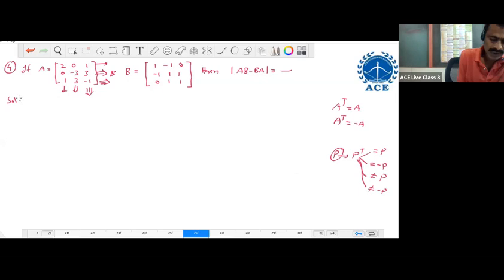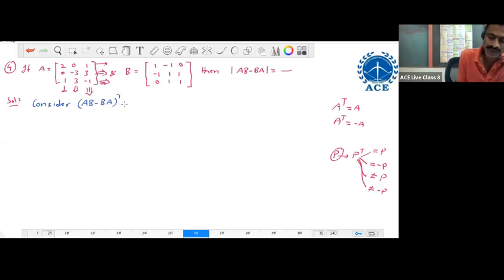Okay, first let us check whether AB minus BA is symmetric or not, because A and B are symmetric matrices. Consider AB minus BA. To check whether this matrix is symmetric or not, we take the transpose of AB minus BA.